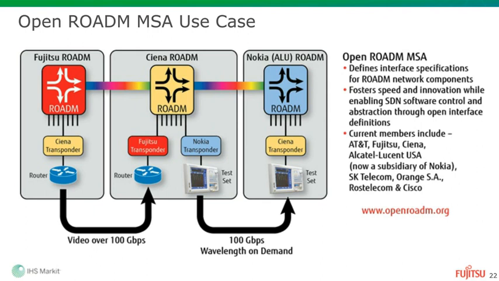Thanks, Raj. The Open ROADM multi-source agreement is a great example of the degrees of openness I described earlier. This is where open multi-vendor hardware and software is blended to provide an end-to-end solution beyond an open line system. The traditional ROADM and transponder are disaggregated, and each component is SDN enabled.